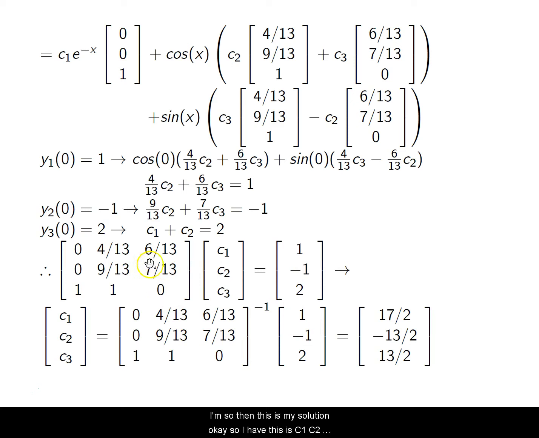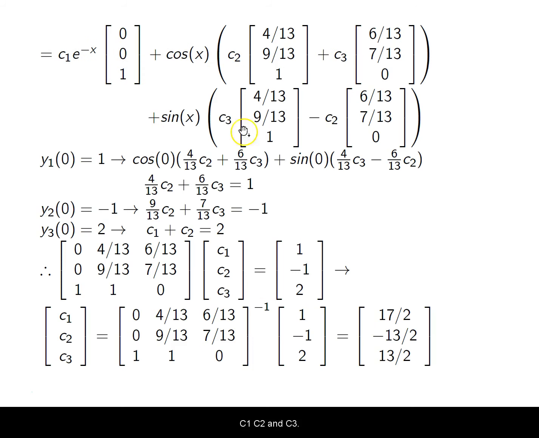Okay, so then this is my solution. I have C1, C2, and C3. So then what I'm going to do is throw this back into my solution, right? So I'm going to come up here.